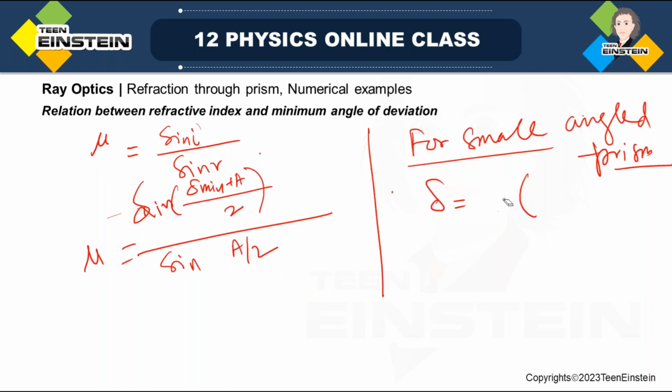Delta is equal to A into mu minus 1. Okay, A into mu minus 1. Delta is equal to A into mu minus 1. So this will be for small angle prism. Okay.